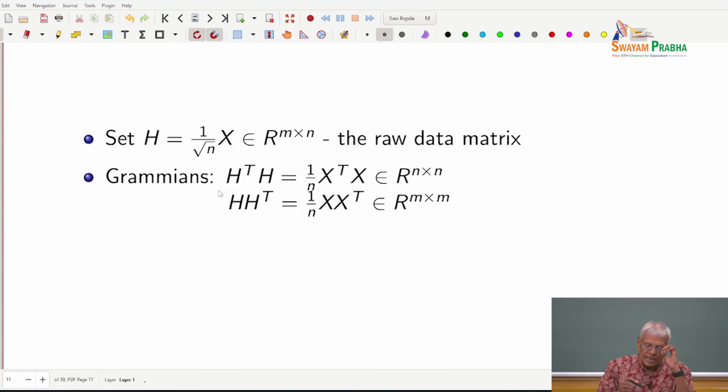So, here I am dealing with X. Please understand I am using X only for the sake of illustration. X can be replaced by X tilde, X can be replaced by X hat. So, X is the raw data. If I define my H matrix as 1 over square root of n times X, the Gramians H transpose H and H H transpose are n by n and m by m.